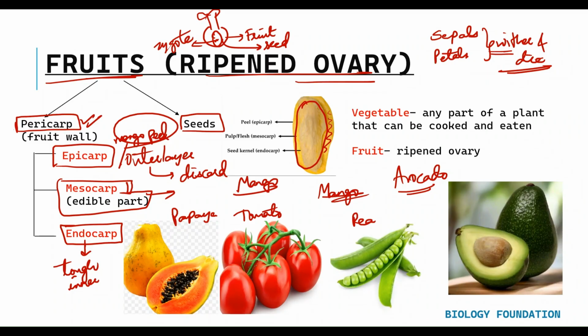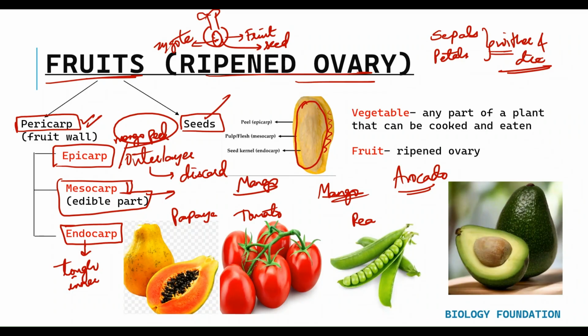In some plants, the pericarp is divided into three layers: epicarp, mesocarp, and endocarp. The epicarp is the outer layer, usually discarded. It is leathery in most plants, and the mesocarp is sweet, the fleshy, edible part, and the endocarp is the hard inner layer. And I told you, the number of seeds varies from species to species.